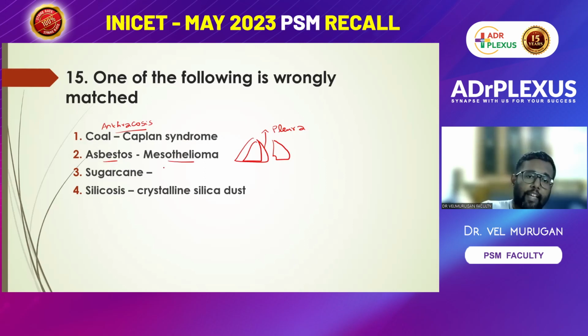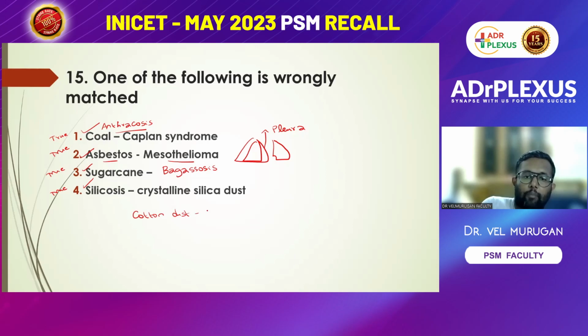Then sugarcane: we can get a disease called bagassosis. Silicon, crystalline silica dust. I could not get all the options which were right, so I'm just telling these are the two things. These are all true. Sugarcane, bagassosis; cotton dust, byssinosis.